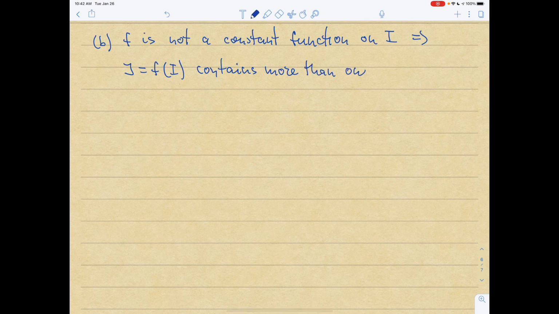And therefore, the infimum of J is going to be less than the supremum of J, and the infimum and supremum of J, of course, both exist because J is a subset of real numbers, right?